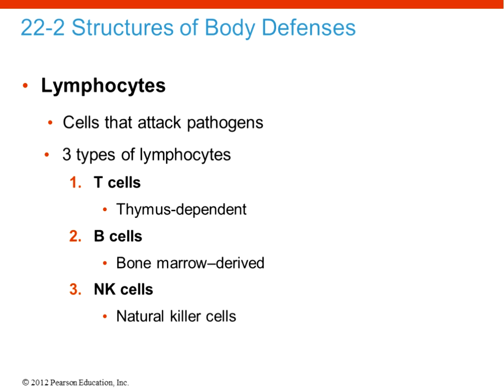And where they get their education and how they learn what they're supposed to identify is where they get their names. T cells are developed and formed and dependent on thymic, or thymus, hormone. B cells are more bone marrow derivatives, and so they get their quote-unquote education through the bone marrow. Having these two different categories of cells allows them to learn properly where they're supposed to attack and what they're supposed to look for.